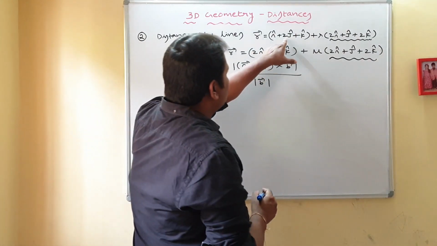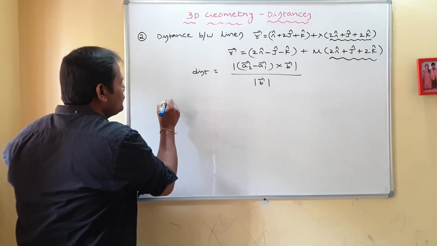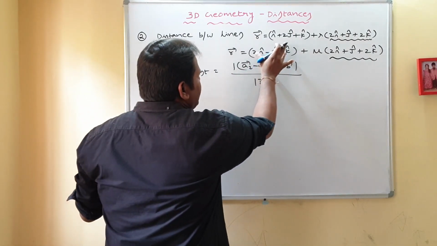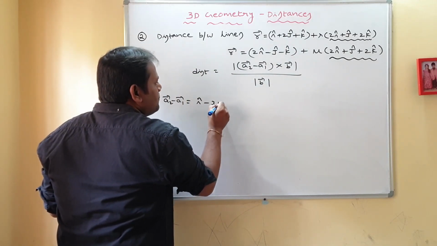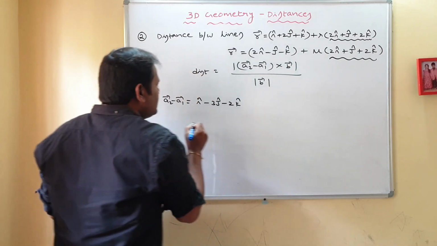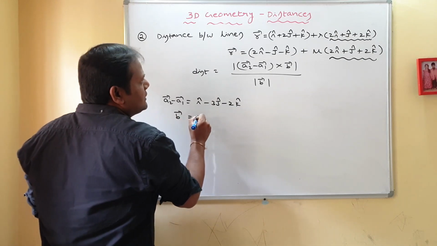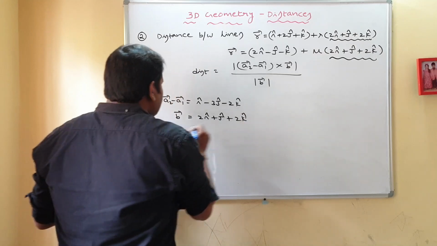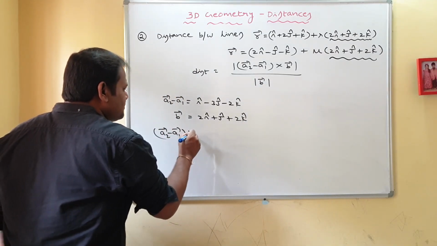So here you know that it is a1 bar vector. This is a2 bar vector. Now you tell what is a2 bar minus a1 bar? So this vector minus this vector. What is that? i cap minus 3j cap minus 2k cap. And here what is b bar vector? So b bar vector is 2i cap plus j cap plus 2k cap. Now you take a2 bar minus a1 bar cross b bar.